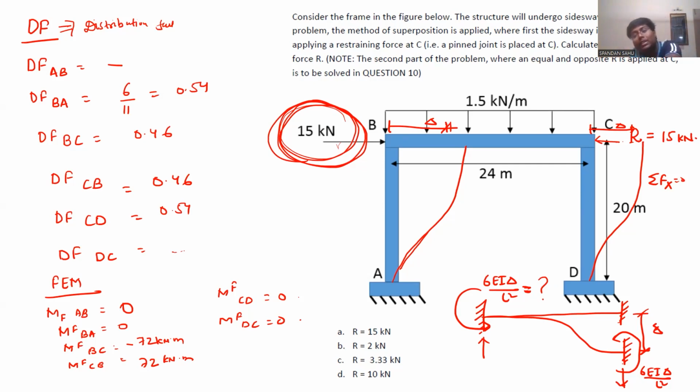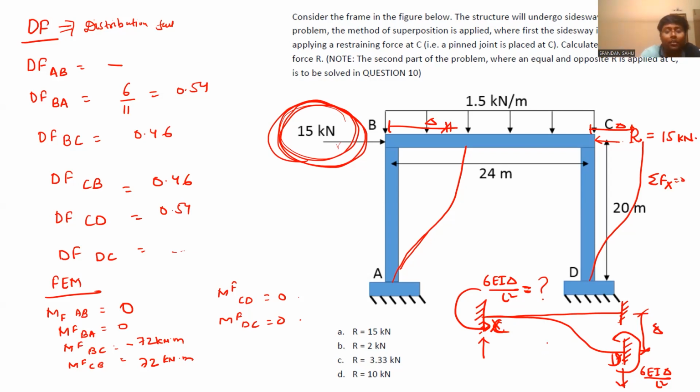You know the ratio: from A to B it is 6EIδ/L², from B to A also it is 6EIδ/L², from C to D also you know the fixed end moment as 6EIδ/L², from D to C also 6EIδ/L², and both are acting in an anti-clockwise manner. So what is their ratio? 1.